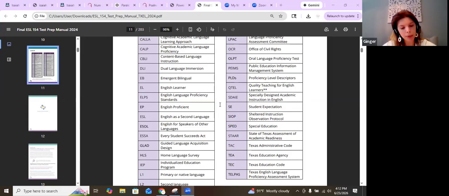Jim Cummins proposed that basic interpersonal communicative skills, which EL English learners students need in order to participate in meaningful speaking and listening interactions with L2 speakers, develop much more quickly than higher level cognitive skills.